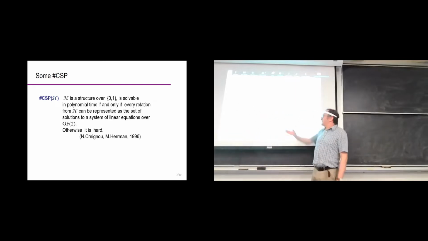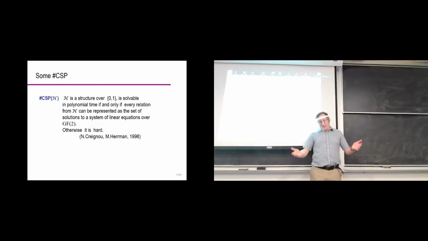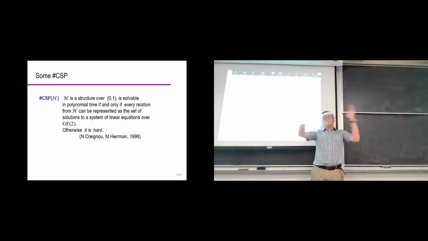This is what this result says. So let's see why this is true. I have these relations given by linear equations. So the whole CSP is about assigning things so that all equations are satisfied. The whole problem is a system of linear equations.